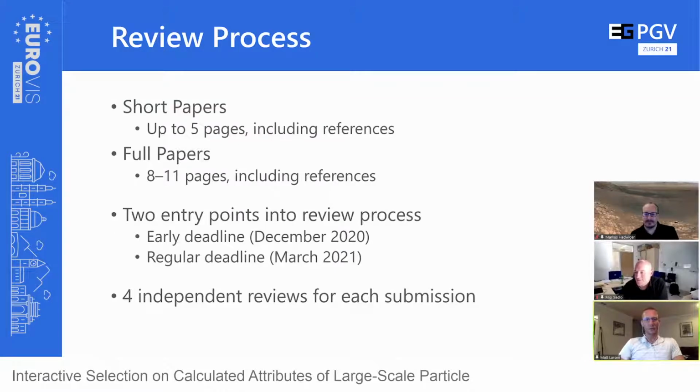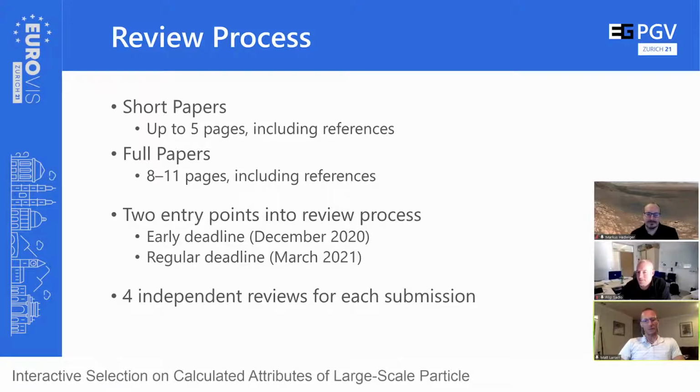So just to remind you of the review process that all the papers went through, we had short papers that were up to 5 pages, including references. We had full papers, which were 8 to 11 pages, including references. And we had 2 entry points. As we had for the last couple of years, we had an early submission deadline, which was due in December, and a regular submission deadline that was due in March.